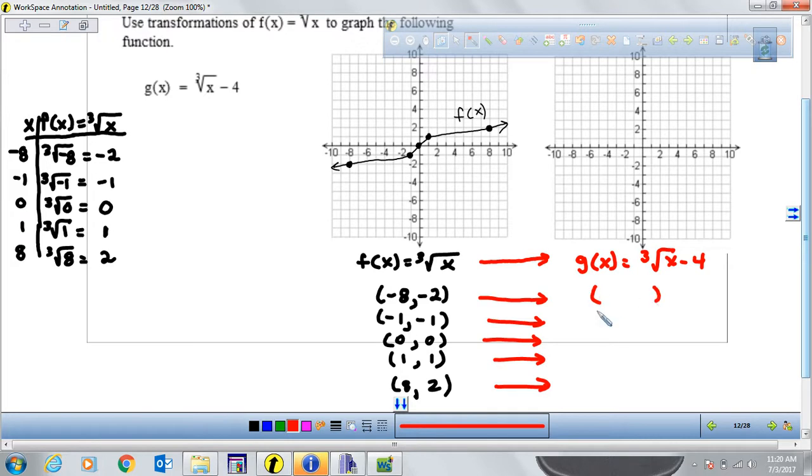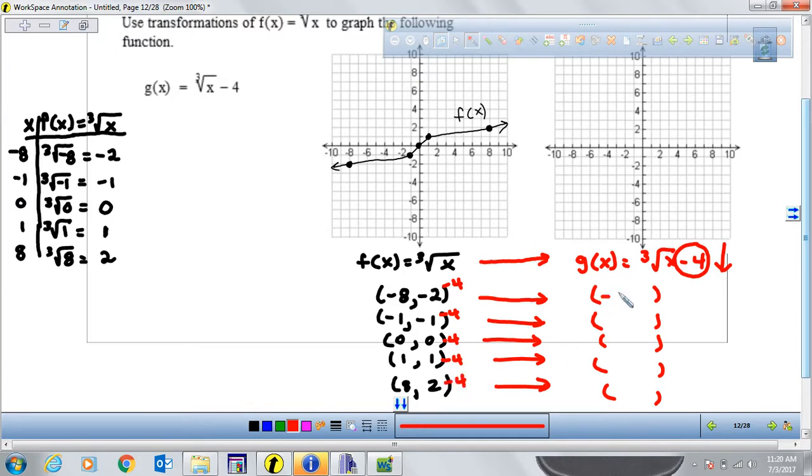So based on the definition, what does that minus 4 do to the function? Basically, we talked about it. It is going to bring the graph 4 units downward. And according to the definition, remember that that minus 4 is going to be subtracted from the y values. That's what it is going to have as an effect.